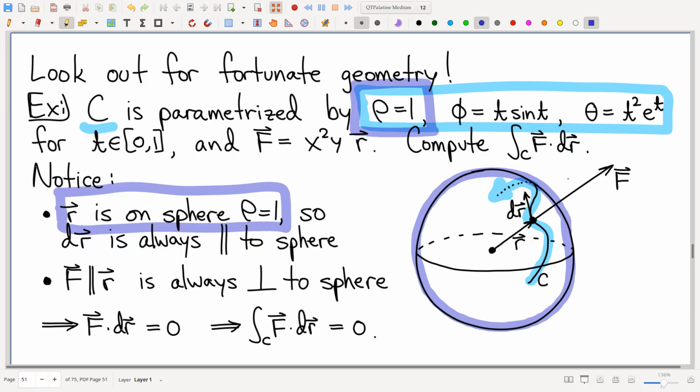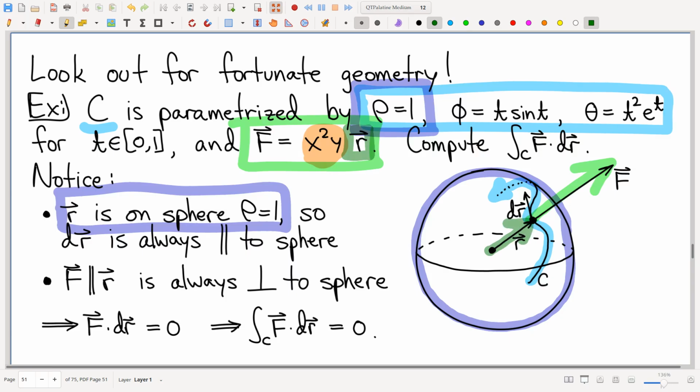Here's the other observation to make. You look at this vector field, and okay, that's a lot. You keep in mind that what I've got written here is R. That's actually the vector field x comma y comma z. And you could multiply that out, but let's not multiply it out. It's actually to our advantage to realize that vector field, you can see it right here, is a scalar multiple of the position vector r.